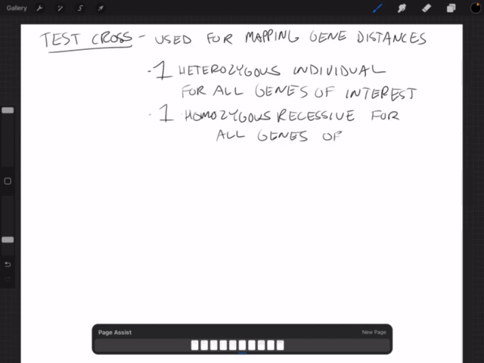This is the essence of the map cross. We'll talk about why the homozygous recessive thing is important in two different places, actually.